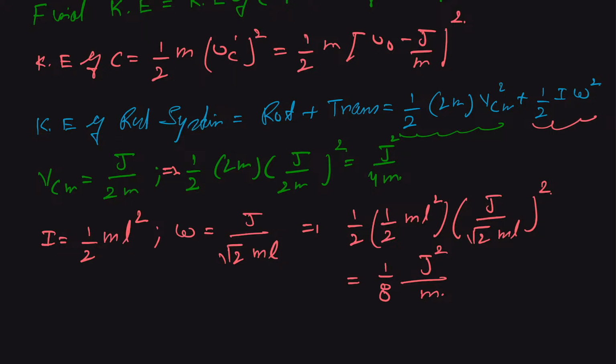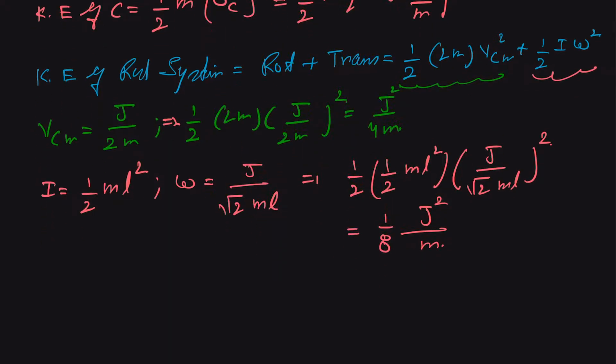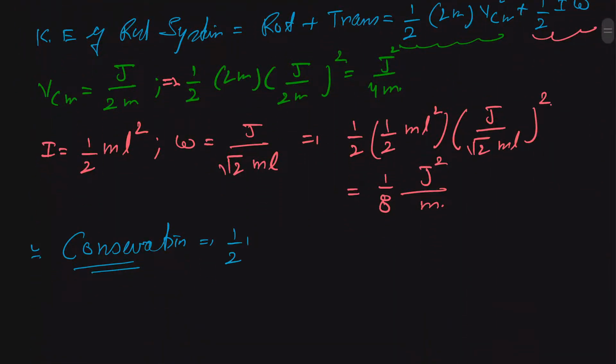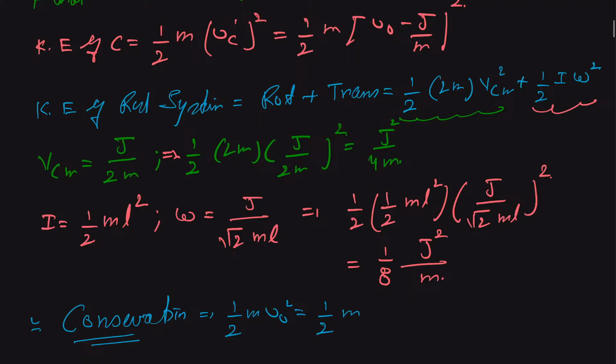Okay, so we are almost done. We substitute in the conservation part, which gives us initial energy half m v naught square is equal to half m times v naught minus j upon m whole square plus the first part, j square upon 4m, plus the second part, j square upon 8m.